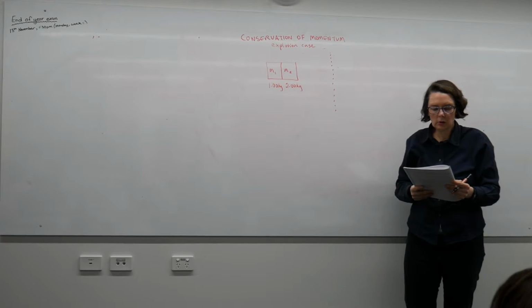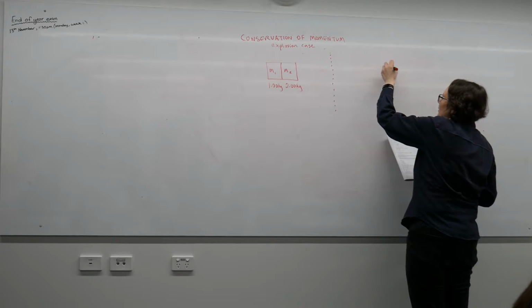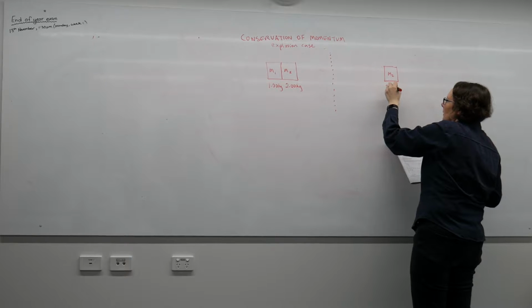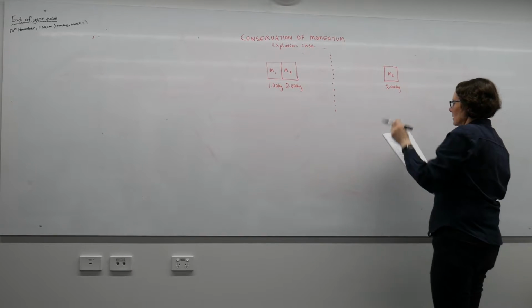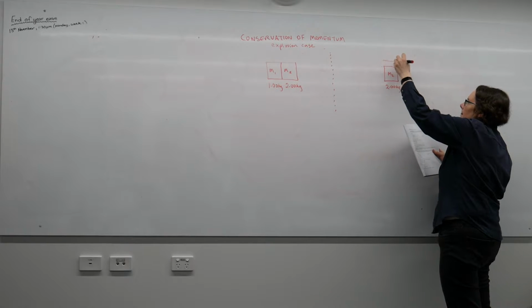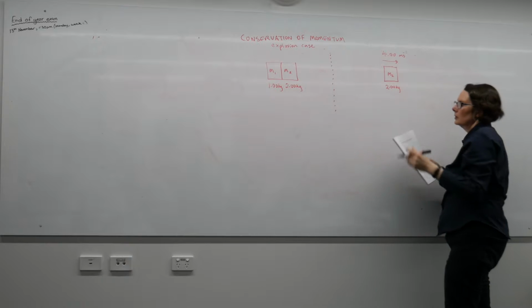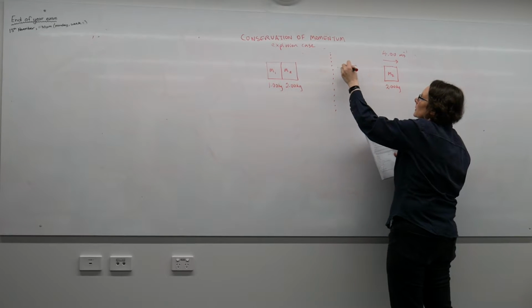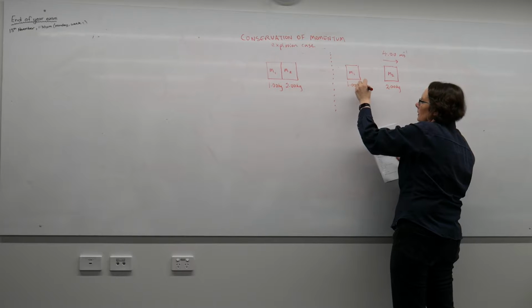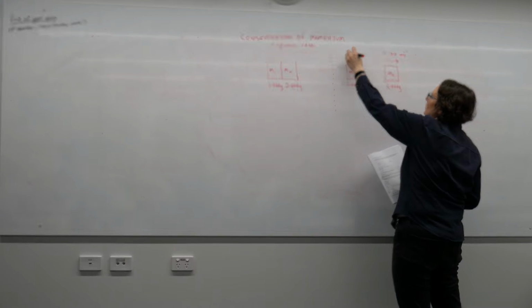When they're released, the 2 kilo mass moves off at 4 meters a second east. And what we want to know is, what's the velocity of mass 1?